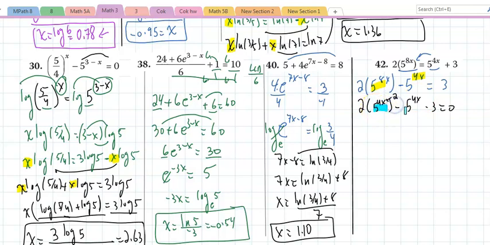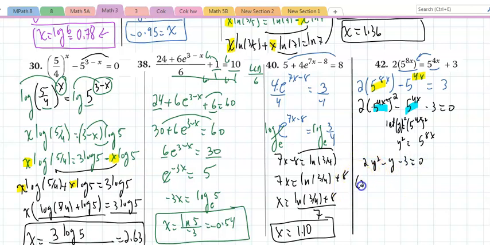If I let y equal 5 to the 4x, then if you square both sides, if you square this side and square this side, wouldn't this be y squared equal 5 to the 8x? That would be 2y squared minus y minus 3 equals 0.